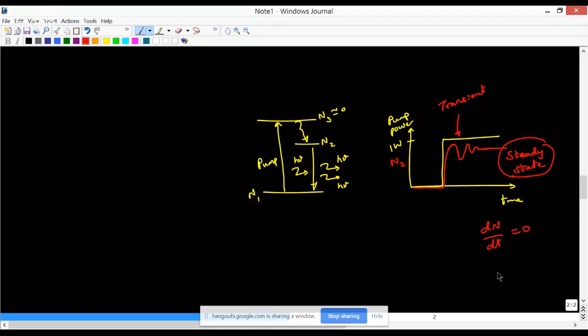In those scenarios, it's enough to just consider the steady state picture. So dN over dt is 0 in those cases. Hopefully that answers the questions.